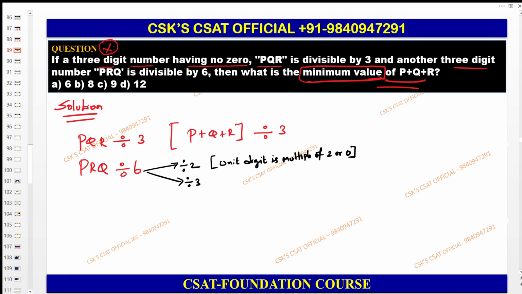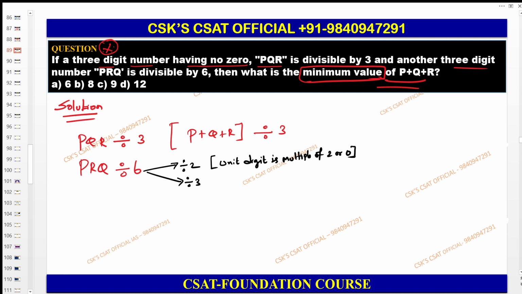Apply some logic. Which one do you have to solve first? PRQ, because it is ultimately divisible by 3.